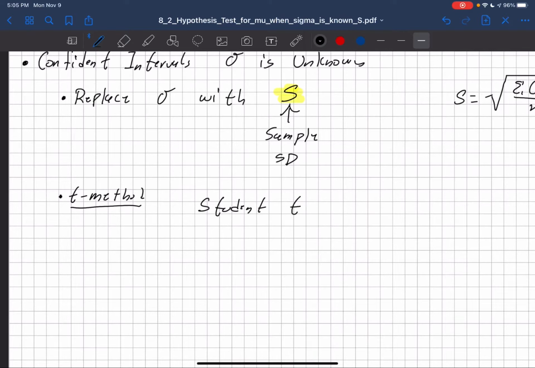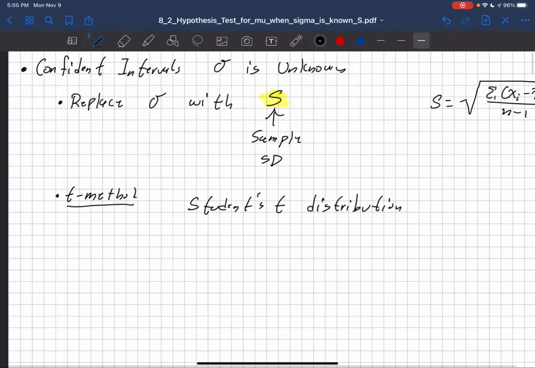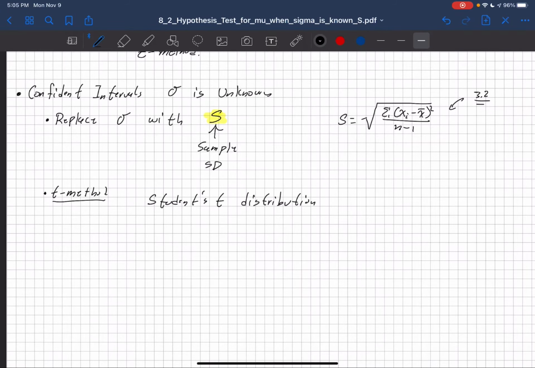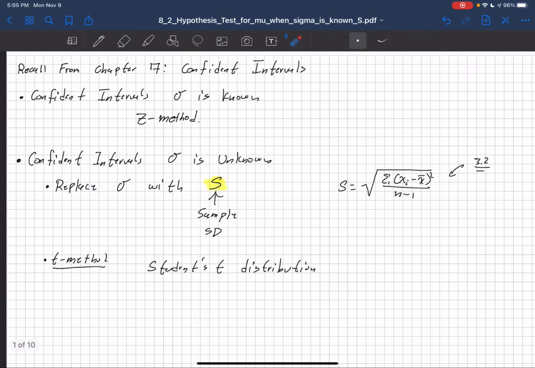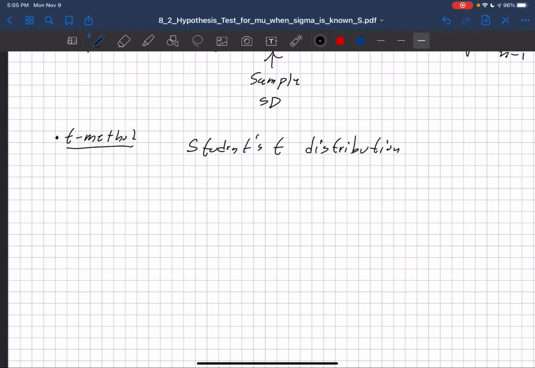This is when we had to compute the degrees of freedom and use a different chart. Okay, so this is one method. This is another method.